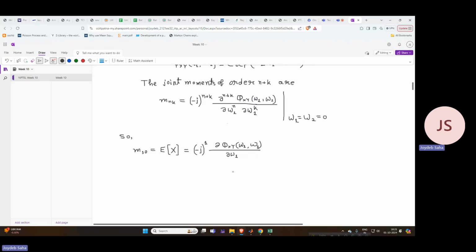So let us calculate the derivative. Again, the condition is the same: omega 1 is equal to omega 2 is equal to 0.